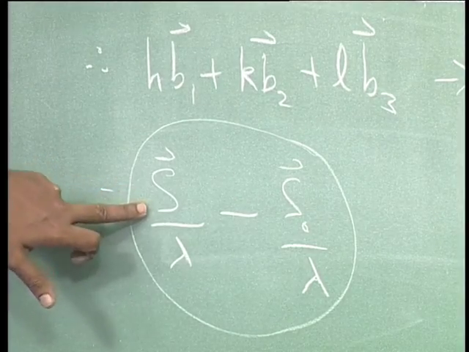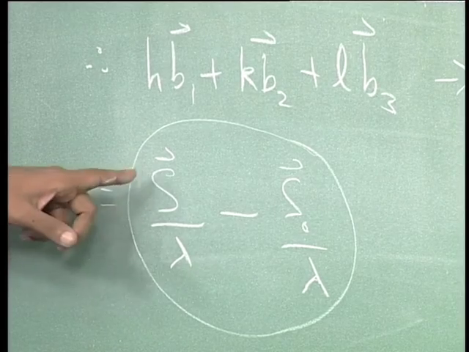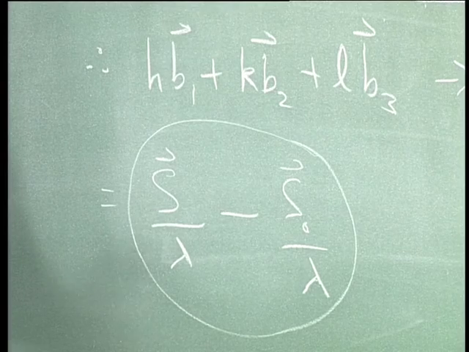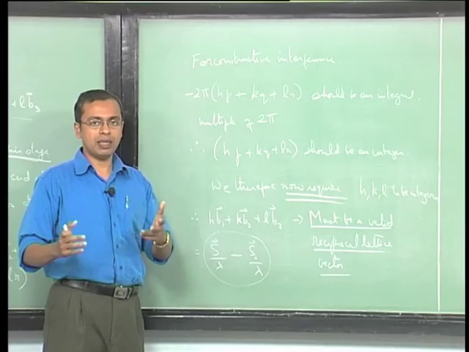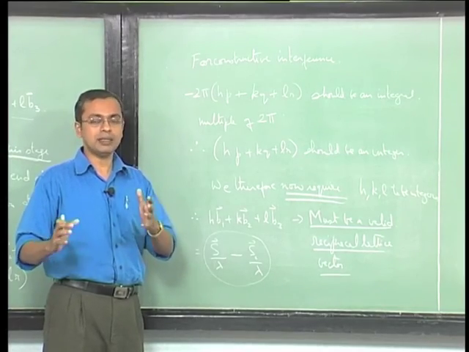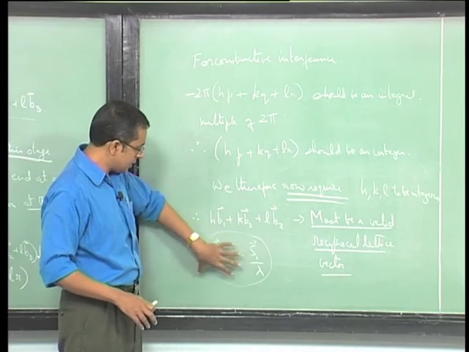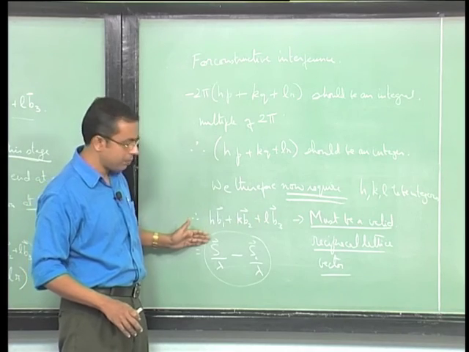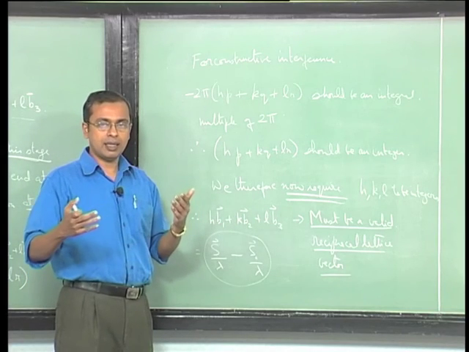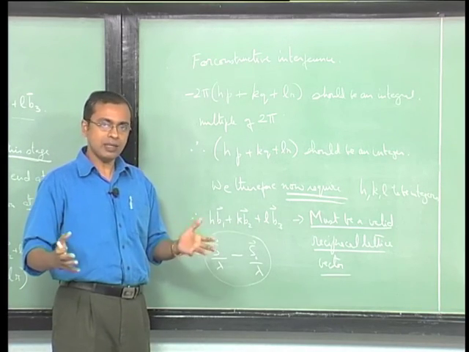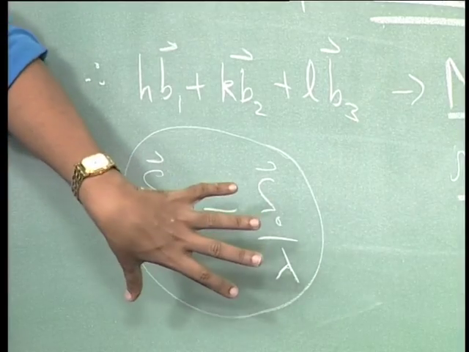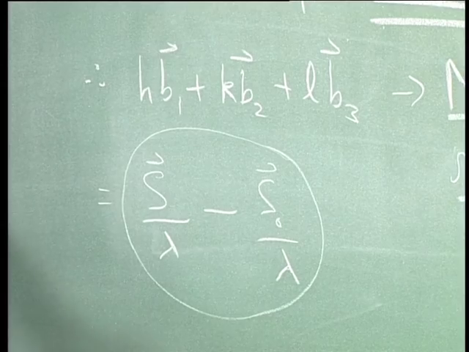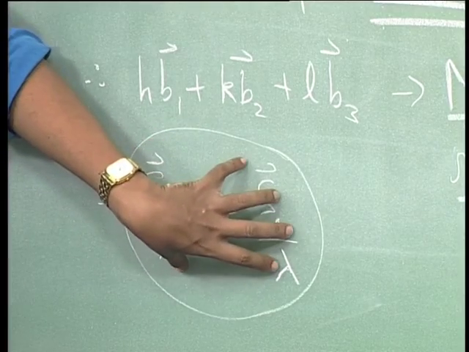This is the properties of the diffracted beam: S is the direction of the diffracted beam, and 1 by lambda is the wavelength of that diffracted beam in reciprocal space dimensions. So all of the wave information is here, regardless of the origin of the wave, which is irrelevant to us.